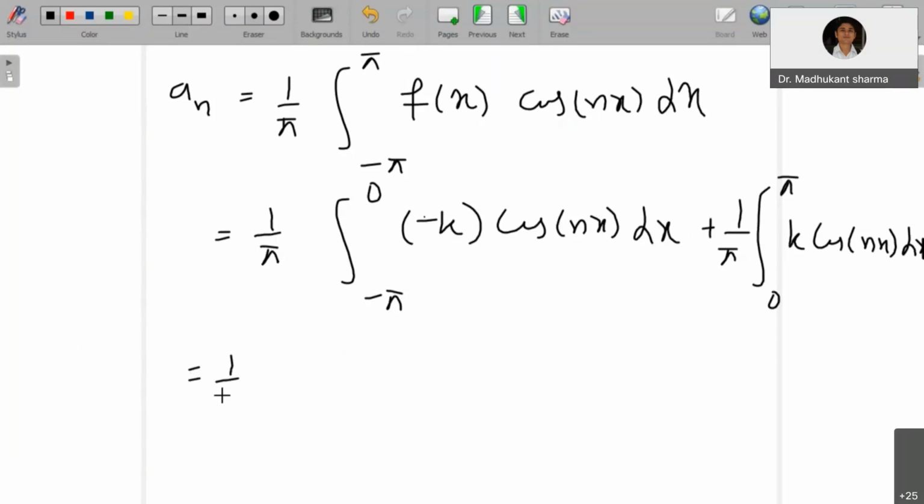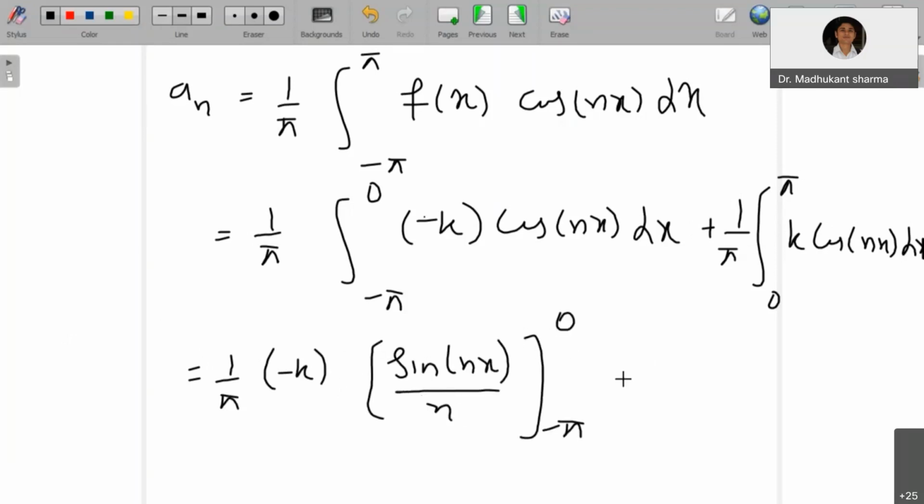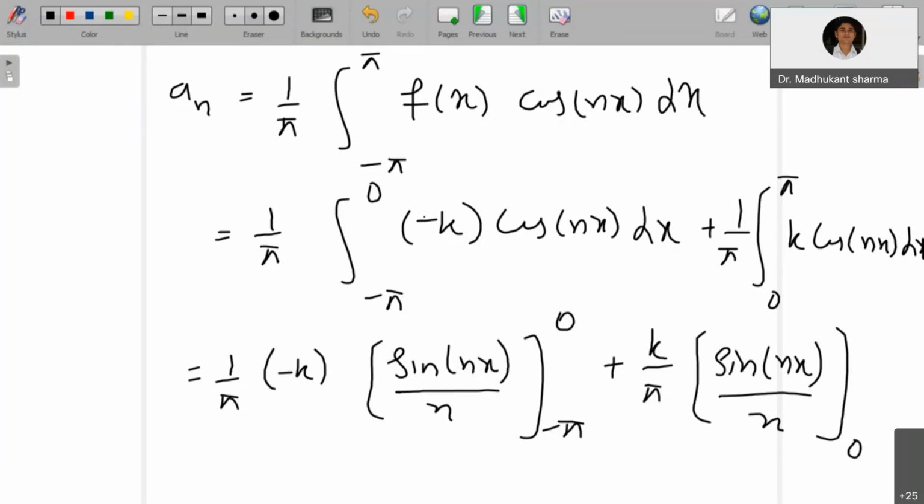Now this equals 1 upon pi minus k sine of nx divided by n, upper limit 0, lower limit minus pi, plus k by pi sine of nx divided by n, lower limit 0, upper limit pi. Sine 0 is 0, and sine of minus n pi is also 0, so these four contributions turn out to be 0.